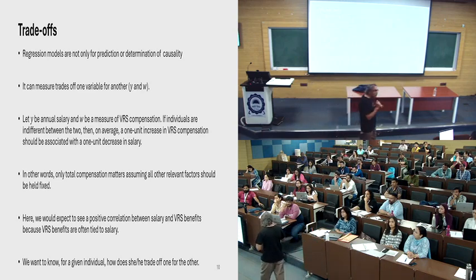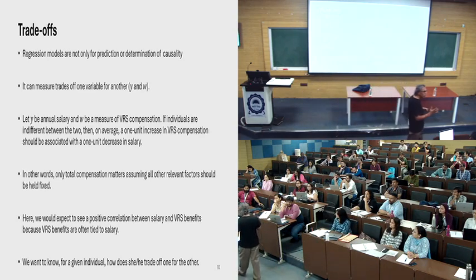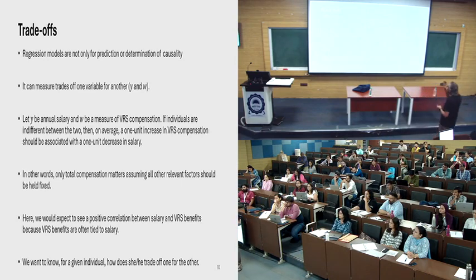So what is the trade-off? I have prediction, I have causality, right? And one way to think of that is to measure the trade-off of one variable for the other, y versus w, like the risk versus the return, the variance of x versus the mean of x, right? Clear? So that's the way I want to think about it.